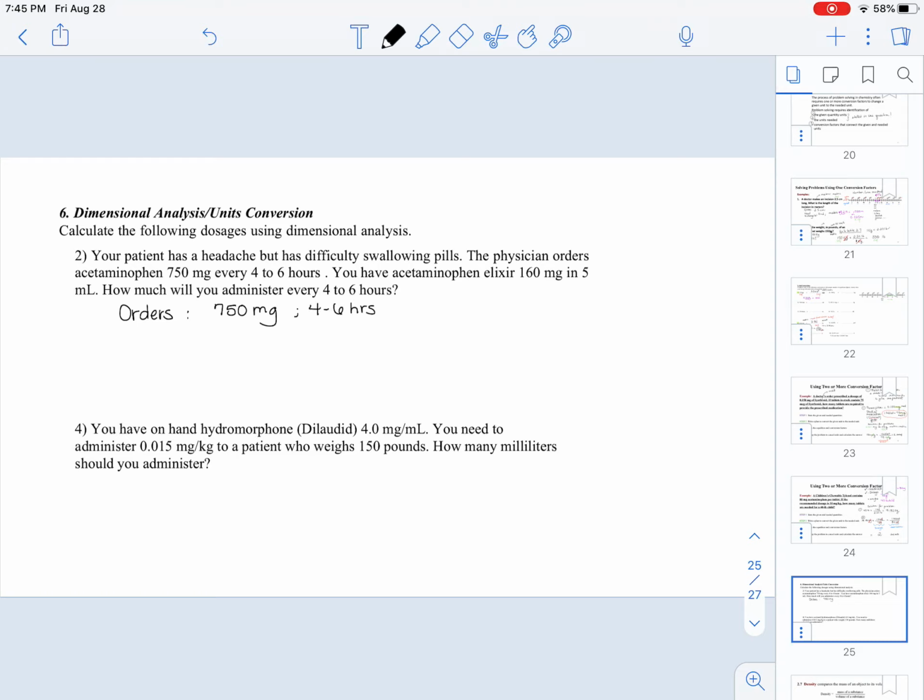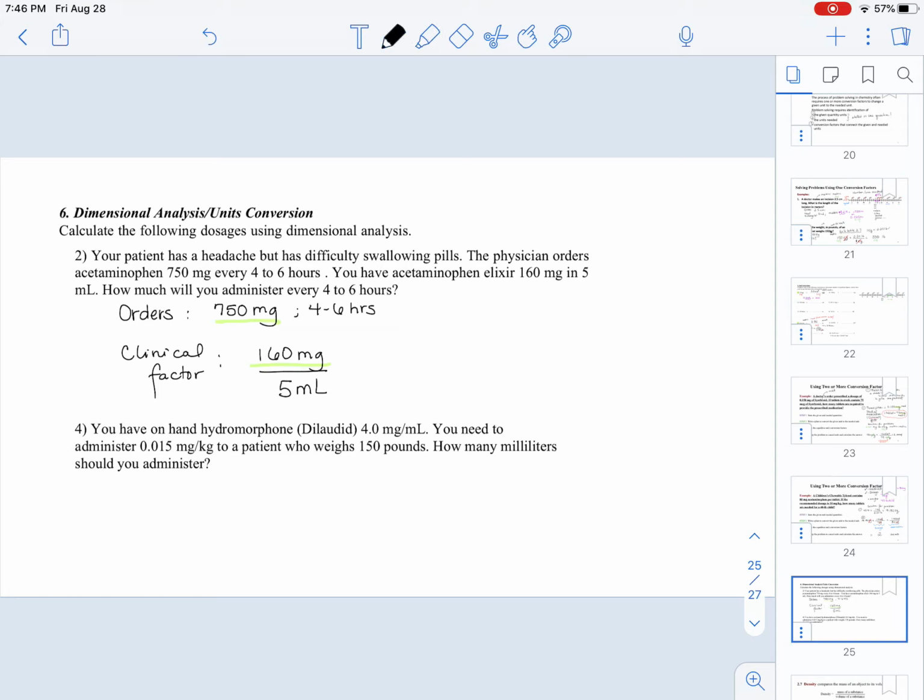Then you understand that your clinical factor, which is the medication that you have in hand, is going to be 160 milligrams per every 5 milliliters. So in this problem, the way that we solve it is that my order and my medication, which I highlighted in green, match in terms of units, so there's no conversion needed.